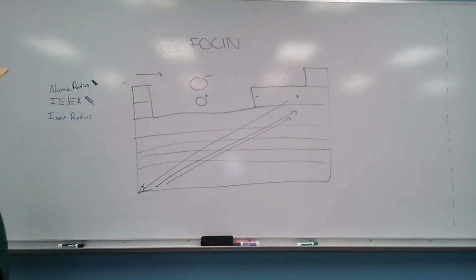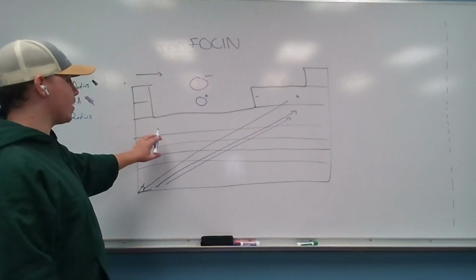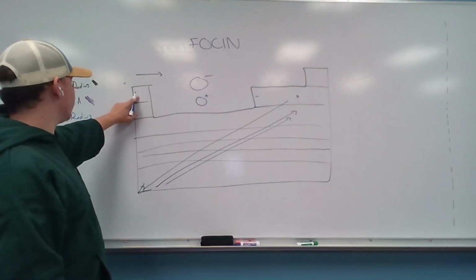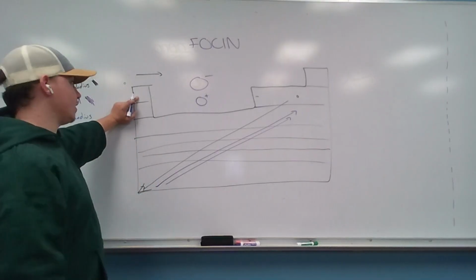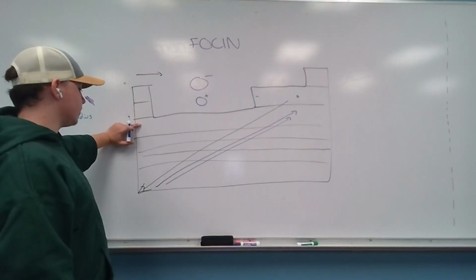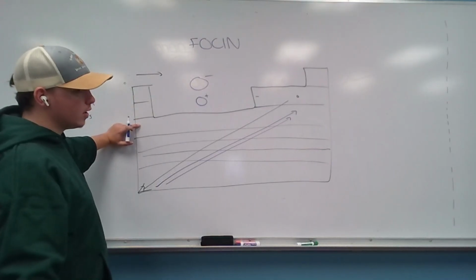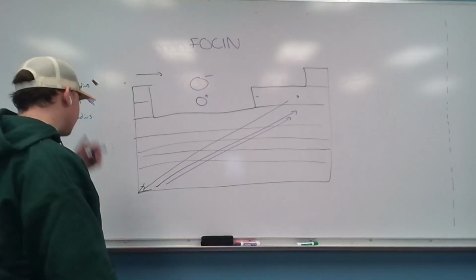Within groups, it will just increase going down because you're adding on shells. If I have helium, its ionic radius is going to be small, and we're assuming it's an ion in this moment. Lithium is going to be bigger because it has another shell. Sodium is going to be even bigger than the other two because it has another shell, and it's going to keep going down like that until you don't have any more elements.